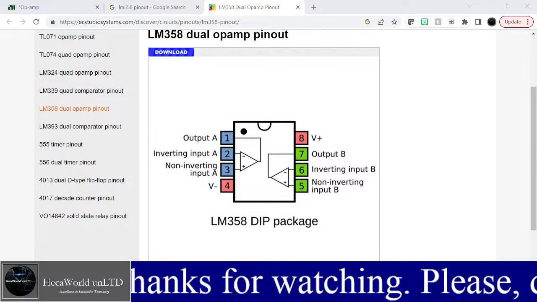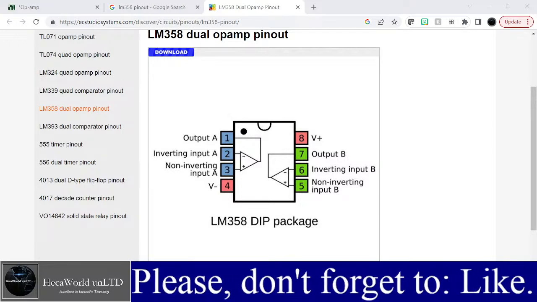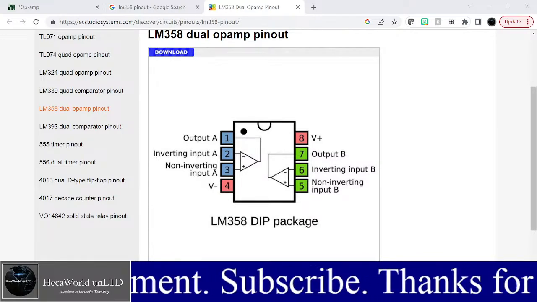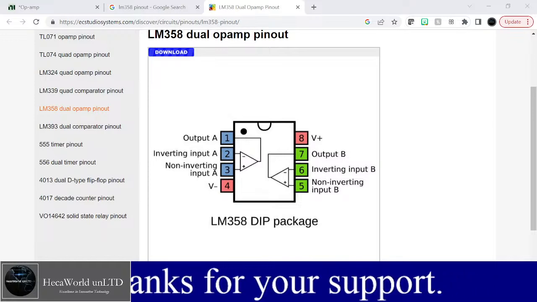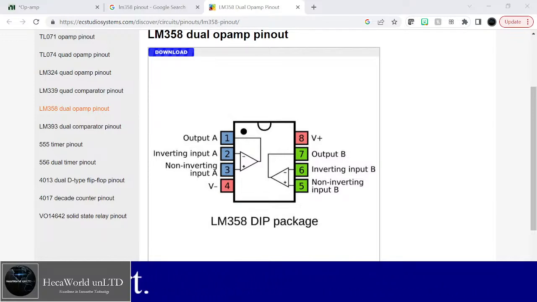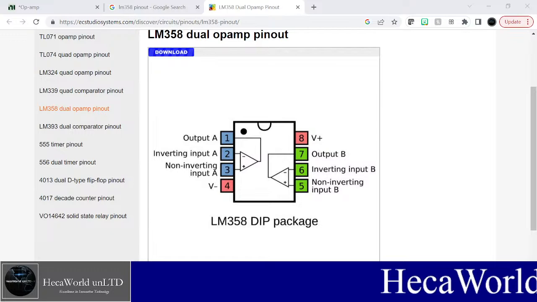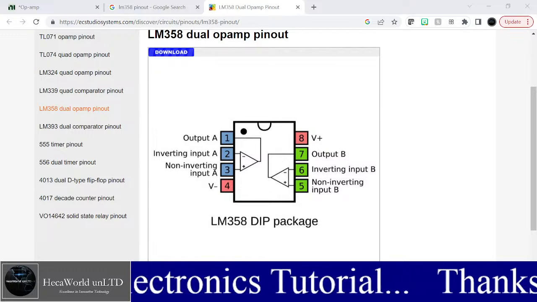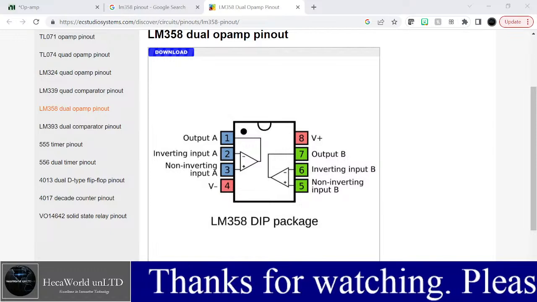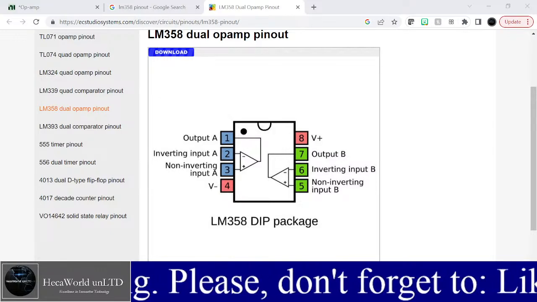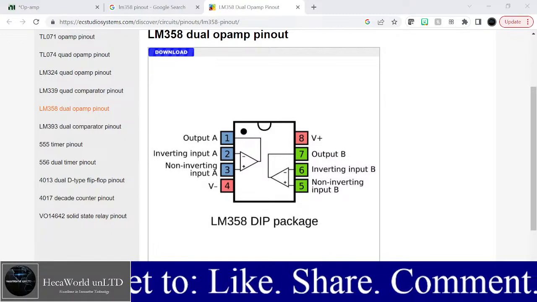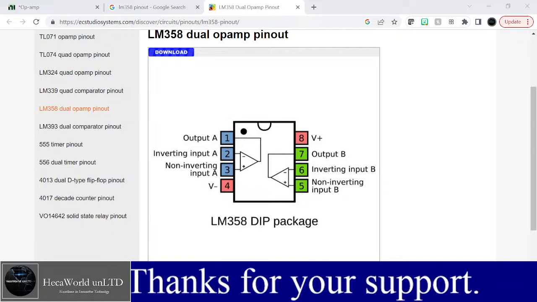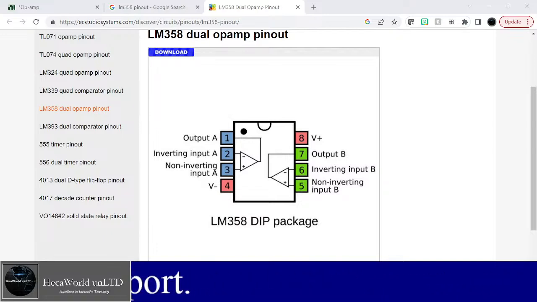So if the signal in the negative input is less than or equal to the positive, then it is high. Again, these two are just the same. So it depends on how you want to explain it. So when I have a signal on pin 6 and that signal is the same as the signal on pin 5, my output is high. When I have a signal on pin 6 and that signal is less than the signal on pin 5, the output is also high. Right, so we've explained this now.